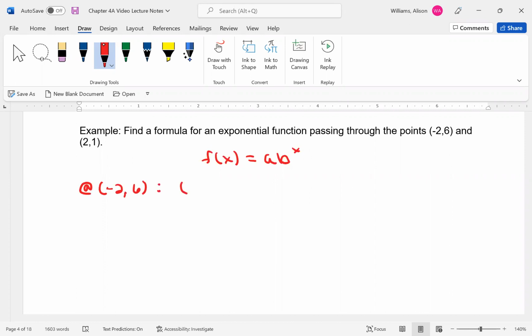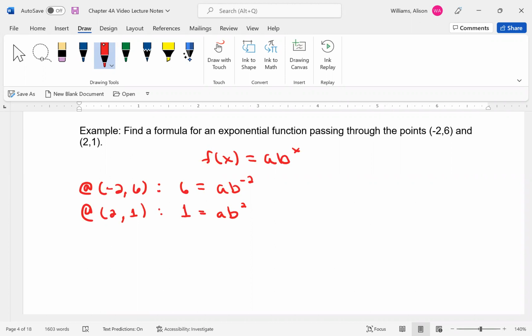That's going to give me 6 equals A B to the -2. All right, the second point, (2, 1). If I plug that in, that's going to give me 1 equals A B squared. Okay, so that's the information I'm told here.